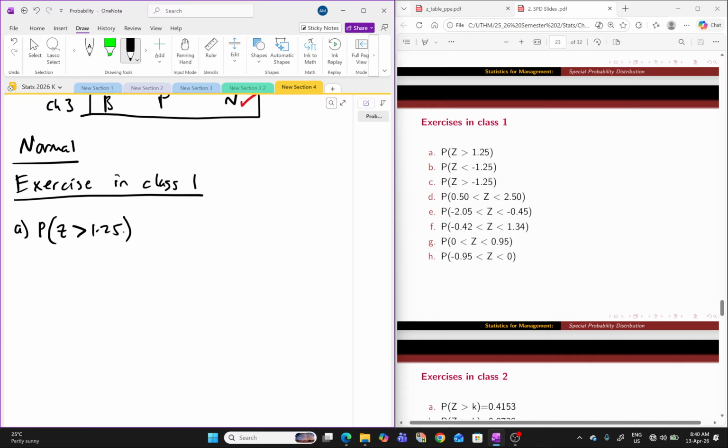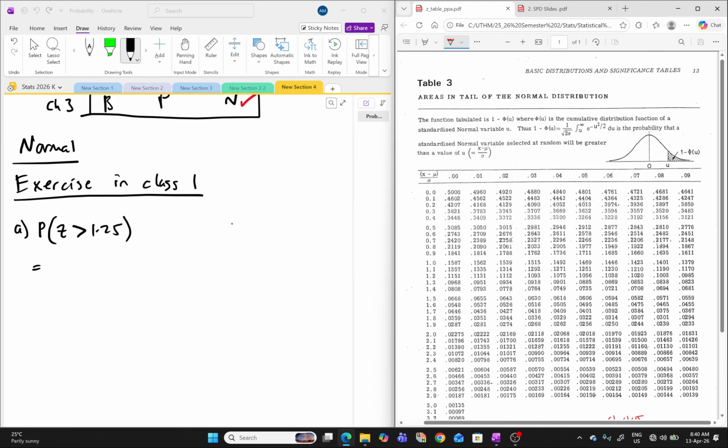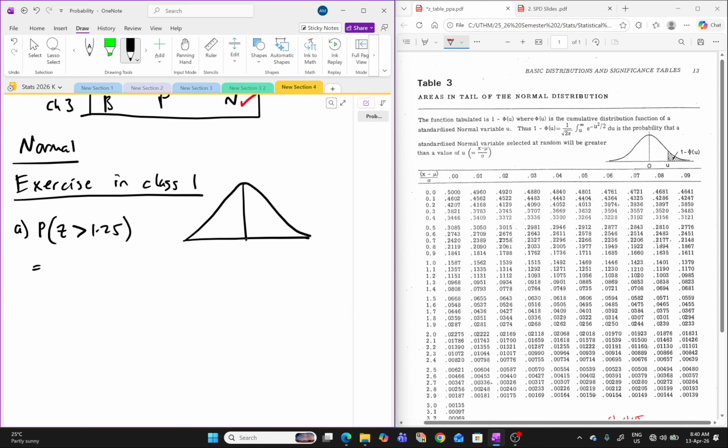So how to use the table to find this probability? This is the table. The table here you can see that this is the diagram. We call this as bell shape.